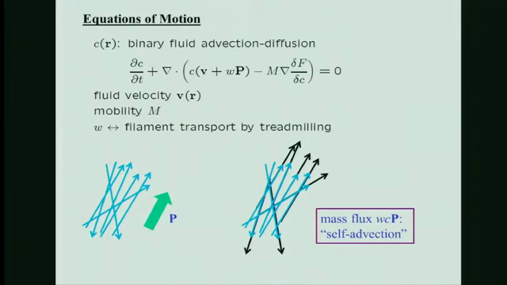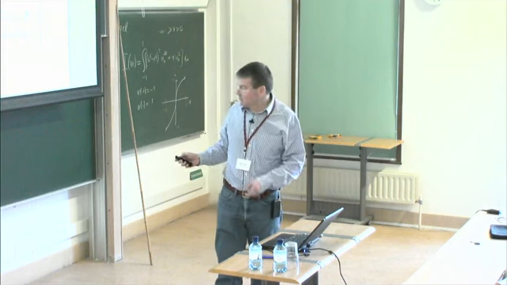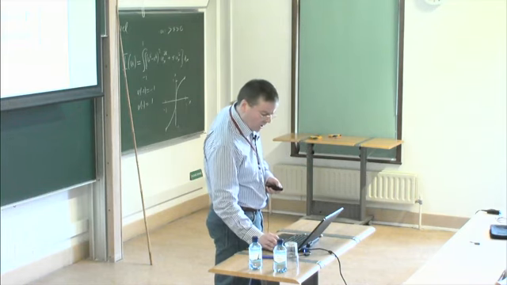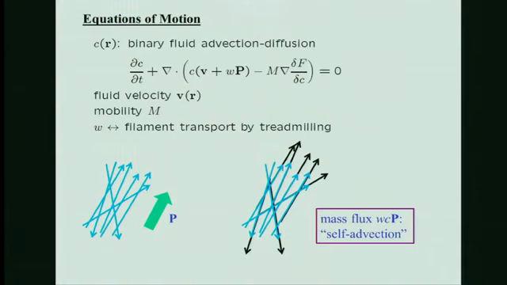If you've got a net polarization, that's mass transport along the average polarization direction. So that's why it's called self-advection. So such a term you could not have in a system with detailed balance and time reversal symmetry. And you'll have spotted here that obviously there are monomers moving around which have to come off the back and arrive at the front. So this is already a coarse-grained description dealing with the filaments but not the monomers, which don't have the polarization field attached to them.